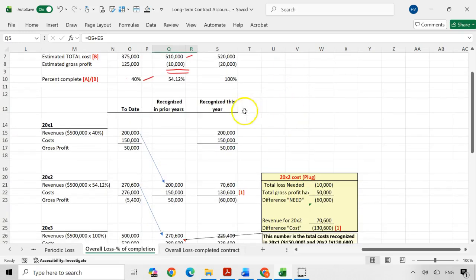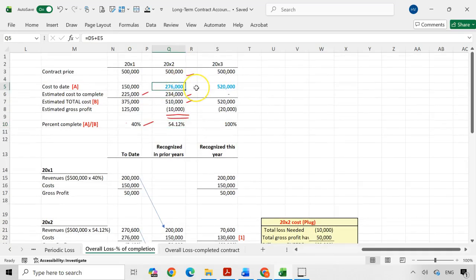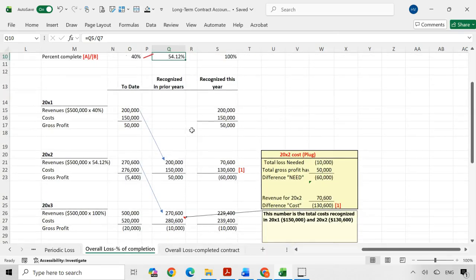In 20x2, you still look at the percentage of completion. I'm going to look at my cost to date of $276,000 divided by my estimated total cost of $510,000, and my percent complete is 54.12%. This is still the amount of revenue I will recognize in year 2.